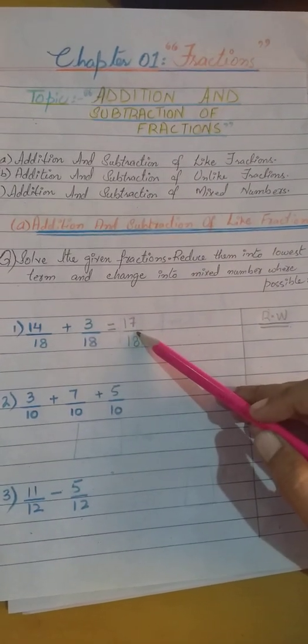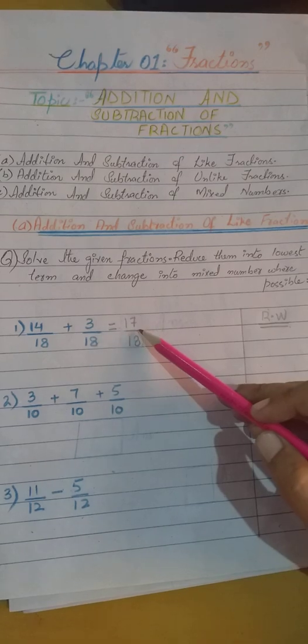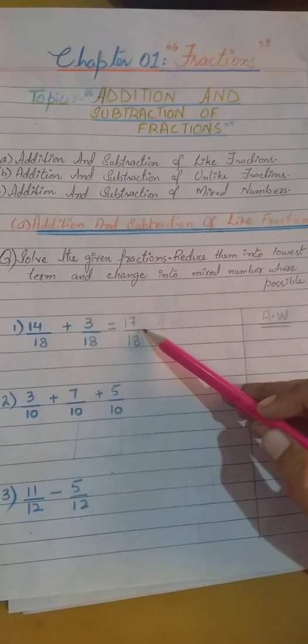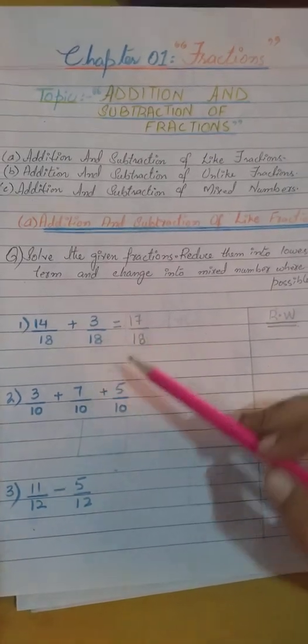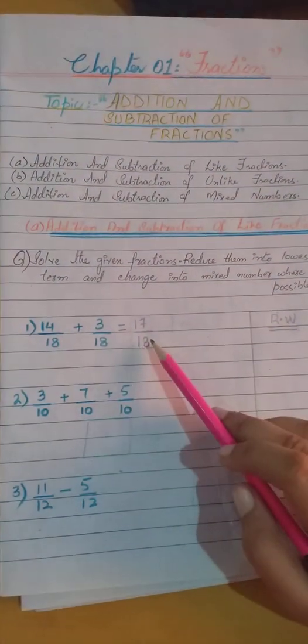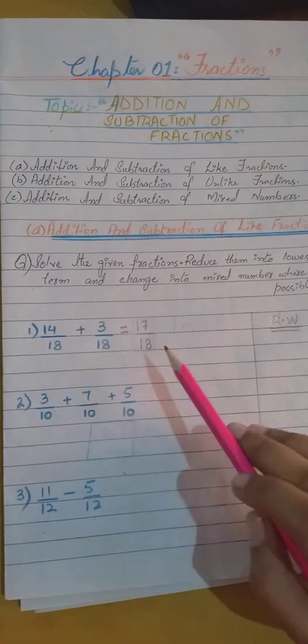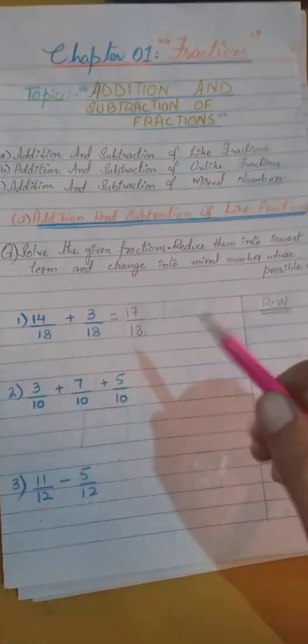So it is already in its lowest term. Now we will check whether it can be converted into a mixed number or not. As it is a proper fraction, and as you all know, we cannot convert a proper fraction into a mixed number. So this will be your answer.